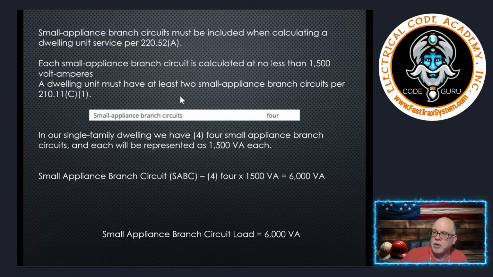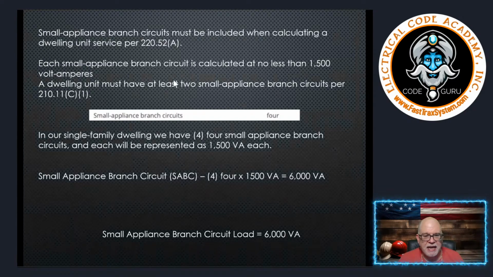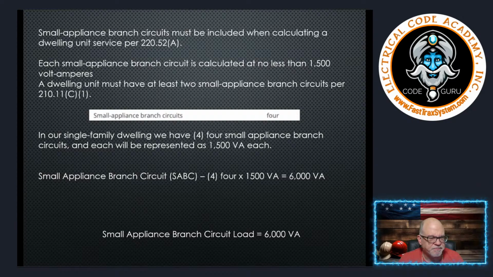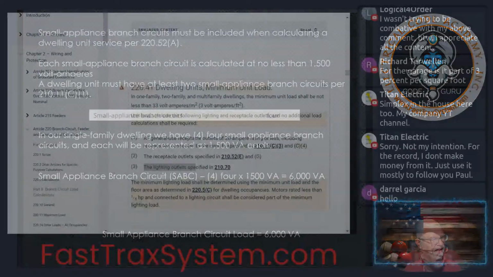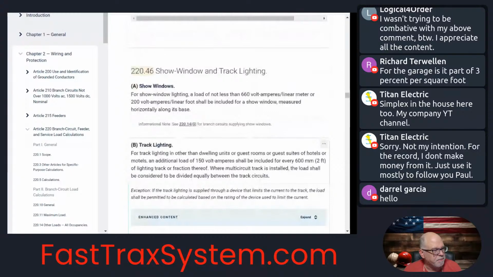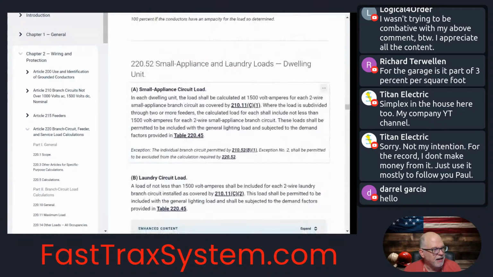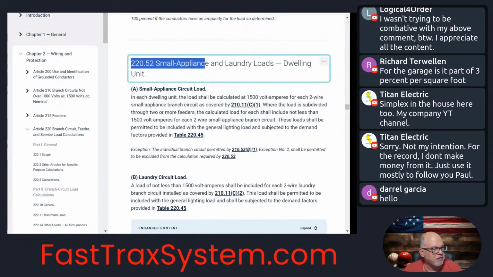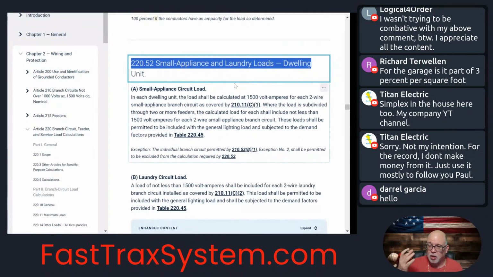So in your code book, you'll see that in 220.52(A), and we'll go look at that in the code book just so we can see it. Right here. So here's your small appliance and laundry. Easy to remember, they're in the same location.